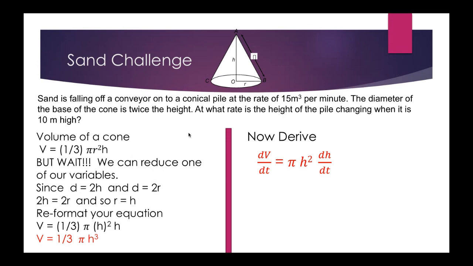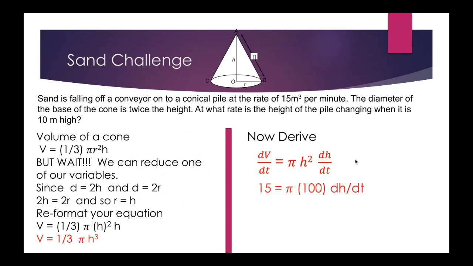So there's your formula. Now, what do we know? Sand's falling off at 15 meters cubed per minute. There's our dV/dt. Pi is a constant. H squared: in the question, the very last thing there, it says the height is 10 meters high. So you can put 10 there and squared. And now we can find our dh/dt.